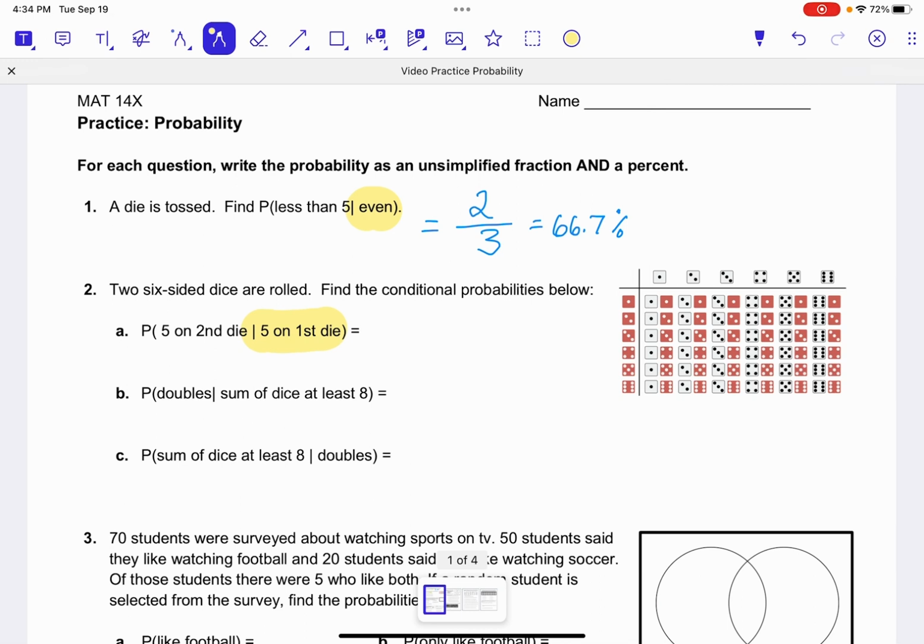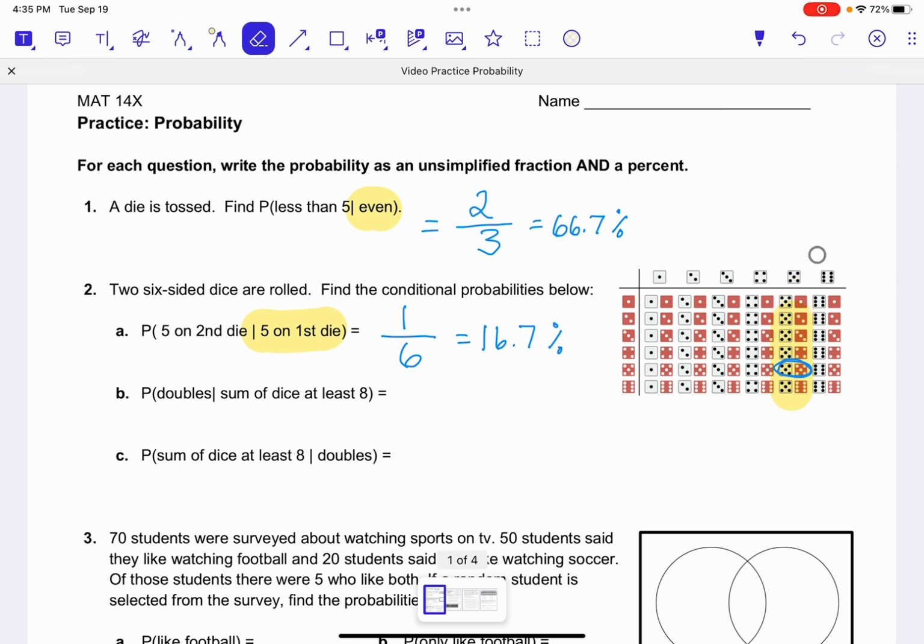All of the outcomes with 5 on the first die are these right here in this column, and there are 6 possible outcomes. Now, the probability that I also got a 5 on the red die, there's only 1 outcome. So this would end up being 1/6, or 16.7%.